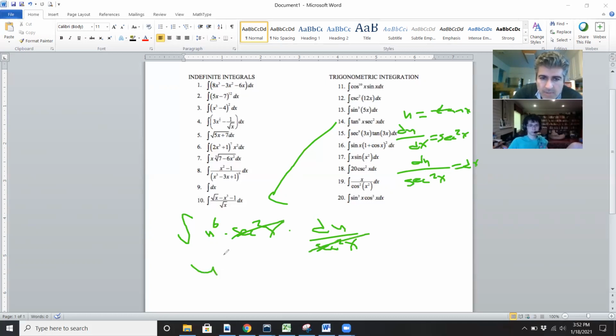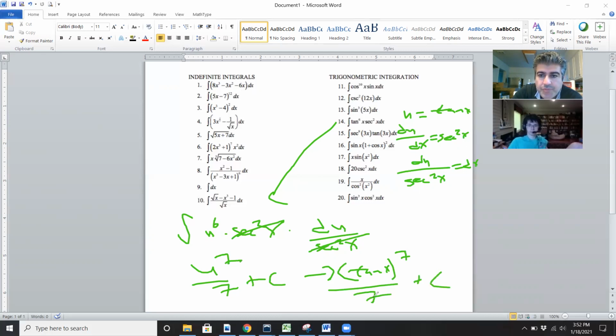And that's u to the 7 over 7 plus c. And then bring the tangent back in. And voila, there we go. Okay, so now I'll leave it up as a guide.